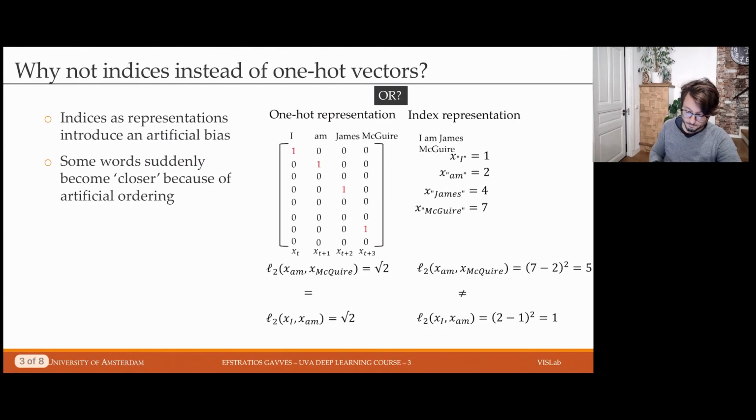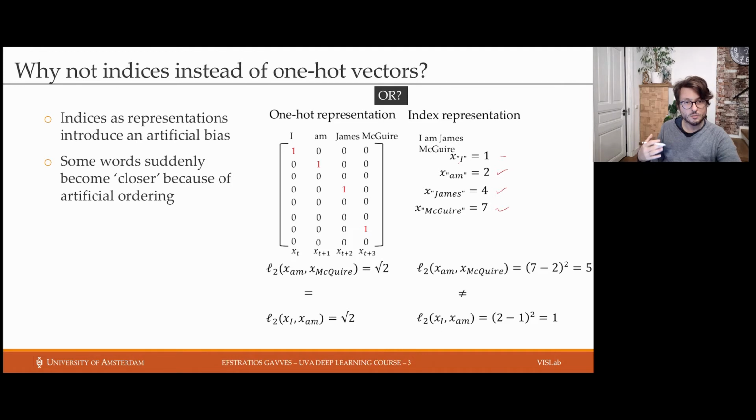So why do we make things more complicated like that and use one-hot vectors? Why not use indices instead? For instance, the word I is the first in my vocabulary, the word am is the second, and the words James and Maguire are the fourth and the seventh in my vocabulary.